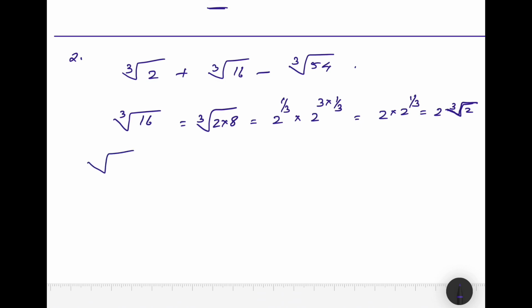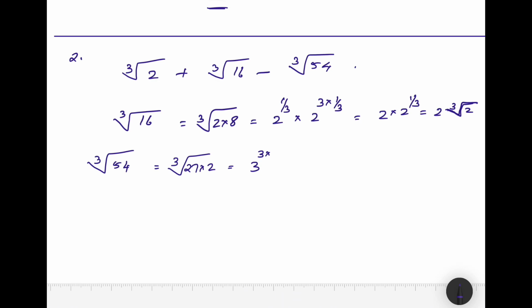Similarly, cube root of 54 can be written as, since it is a cube root, we write some number to the power of 3 so that it will get cancelled. So here you can write it as 27 into 2, and 27 is 3 cube.